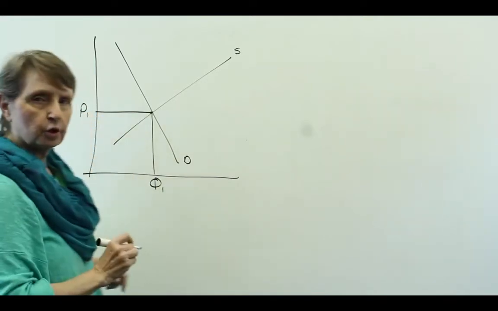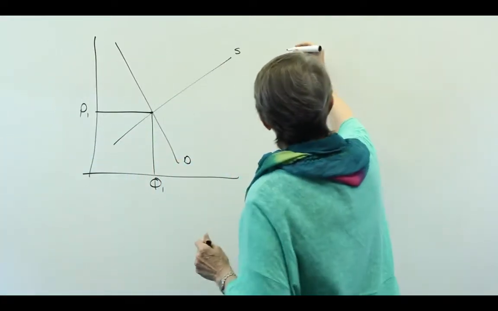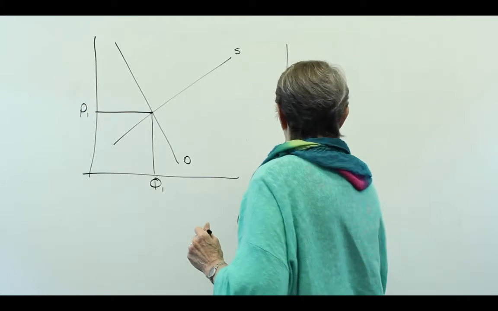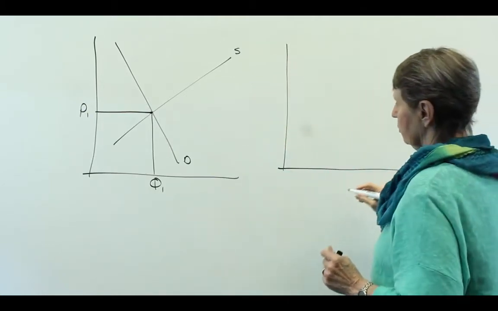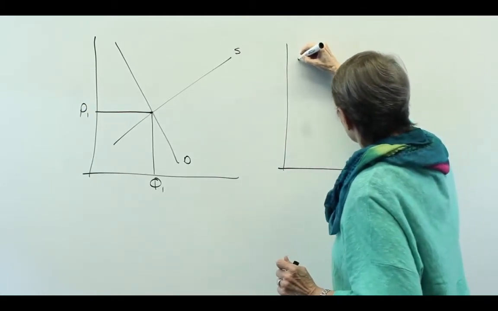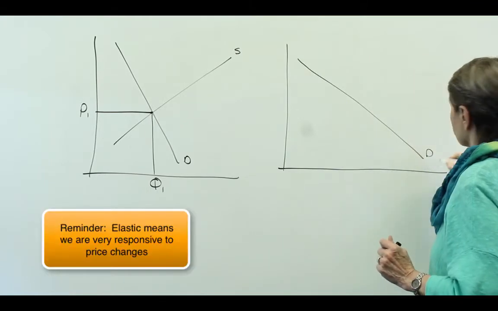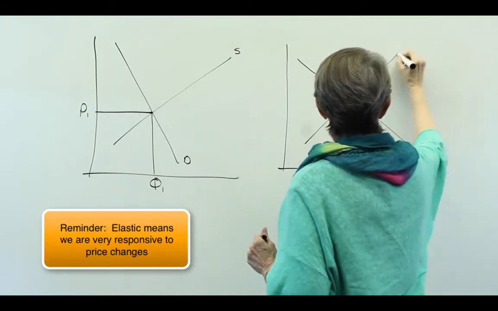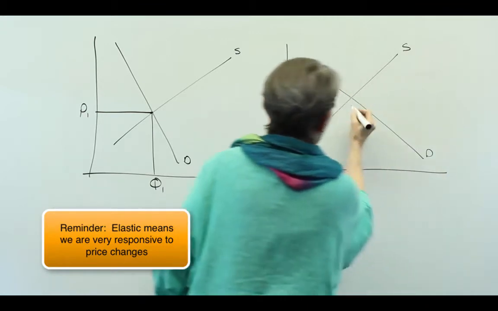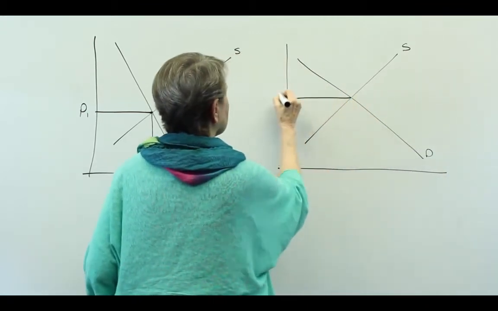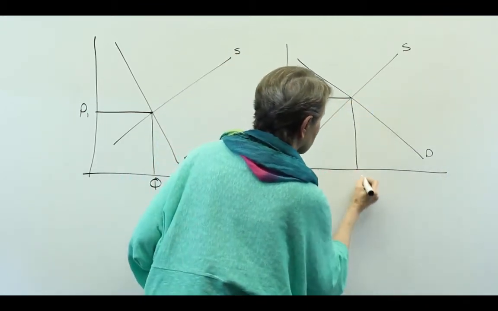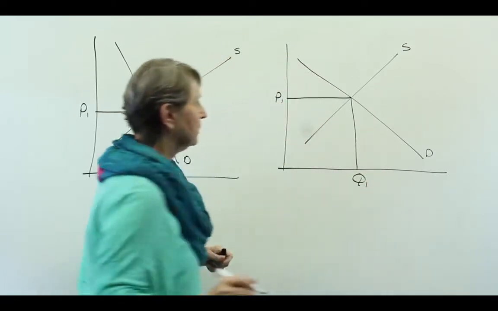I'll call them P1 and Q1. And over here, I want to draw a good where the demand is relatively elastic. And here's the price, here's the quantity.